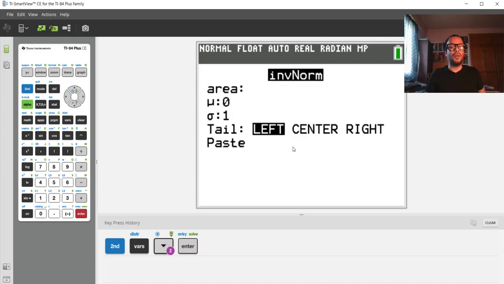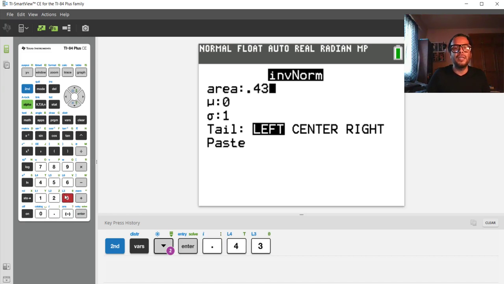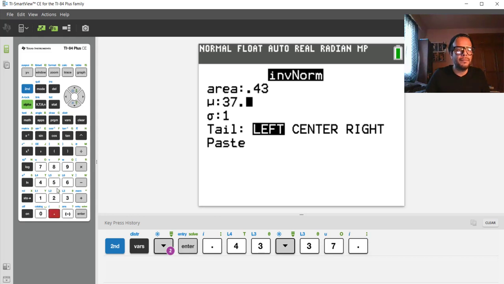So the area that we want, in this case, that's 0.43, because we want the 43rd percentile, the mean, which is 37.5, and the standard deviation, which is 7.6.